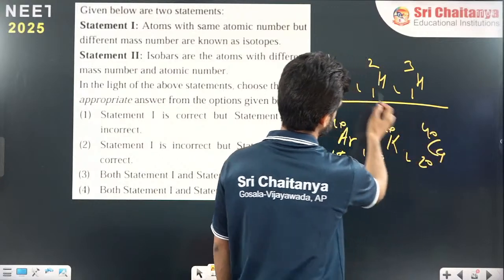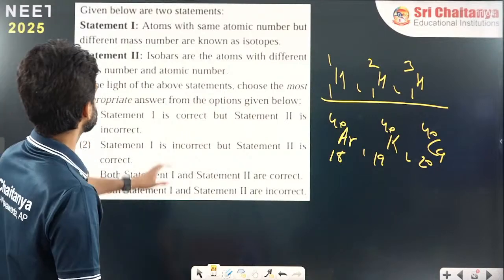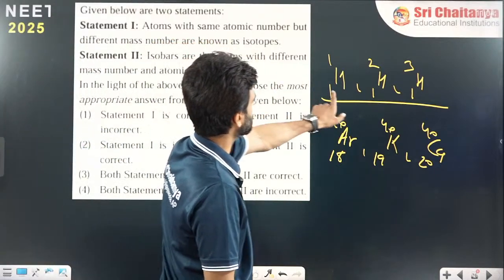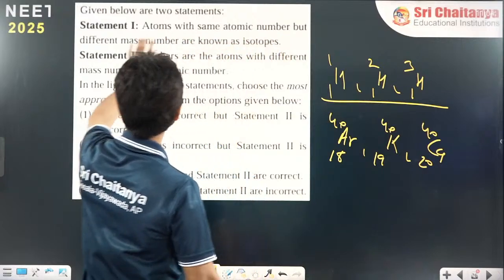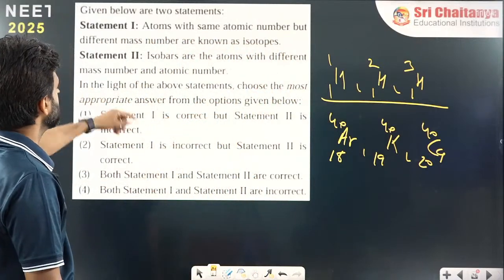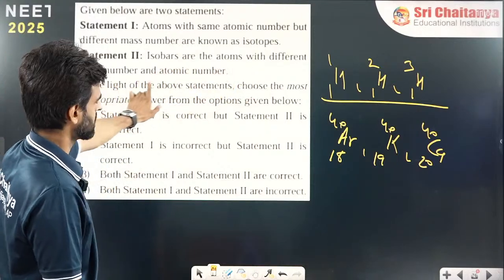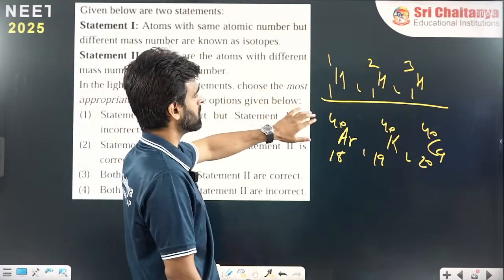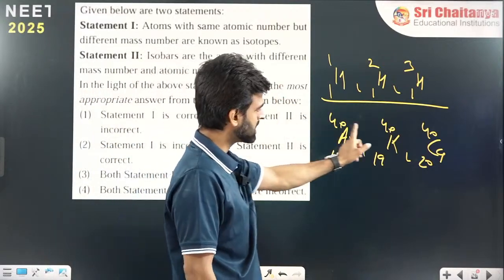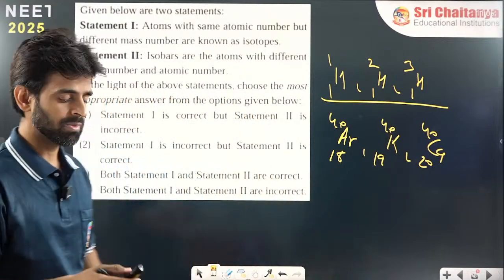Isobars. Isobars are the same mass number, different atomic number, right? That's why they are making a mistake here.